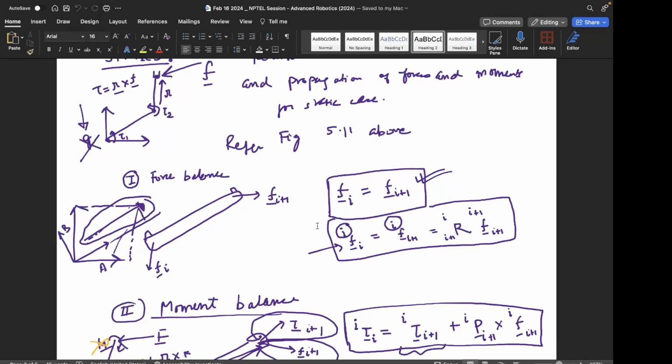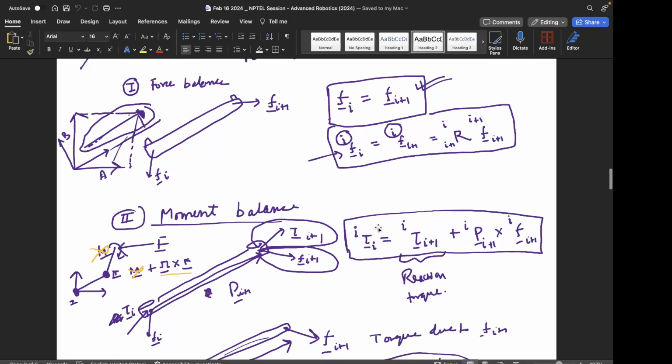Since we are doing the static case, there are no accelerations or angular accelerations. So the sum of all the forces, sigma F, acting on the body is equal to zero, and similarly the sum of all the torques or moments acting on the body will be equal to zero. That's how we get these two relations.